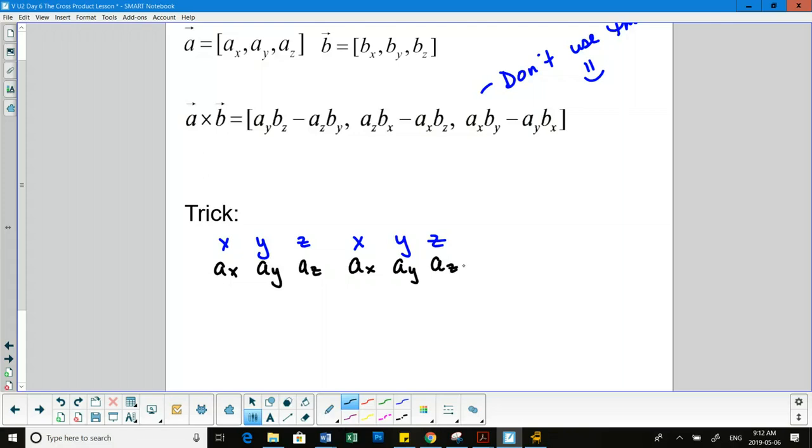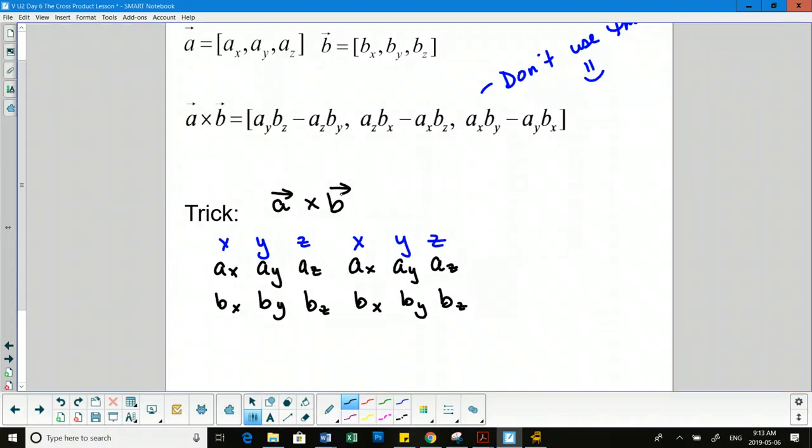This might make a little more sense once we do it with actual numbers, but for now, we'll stack the vector that's being crossed with A on the bottom, and we're going to write it twice. Again, this is when we're doing A crossed with B. If I was doing the opposite, I would put the B components on top and the A's on the bottom.